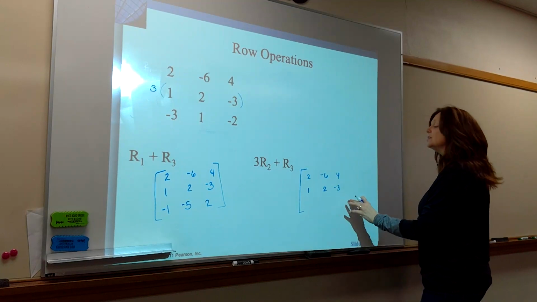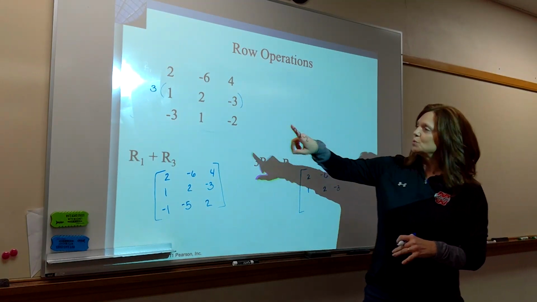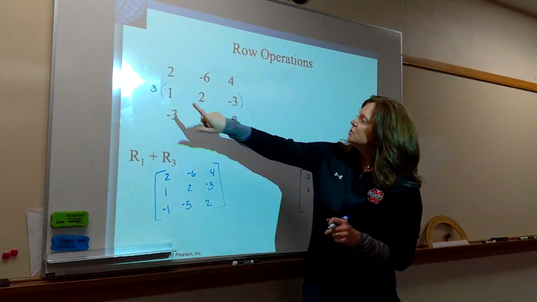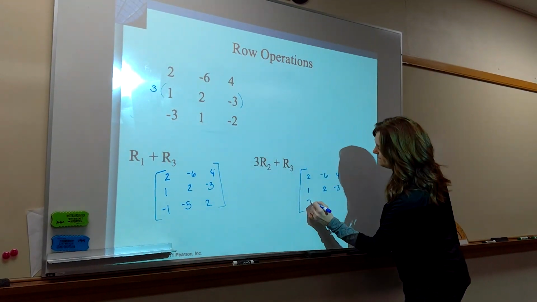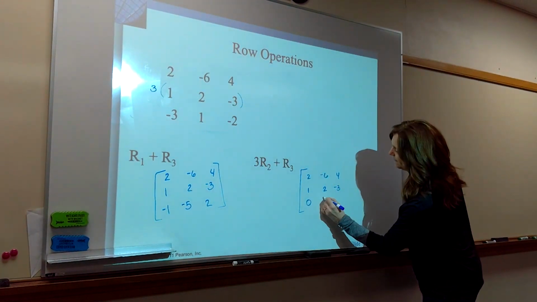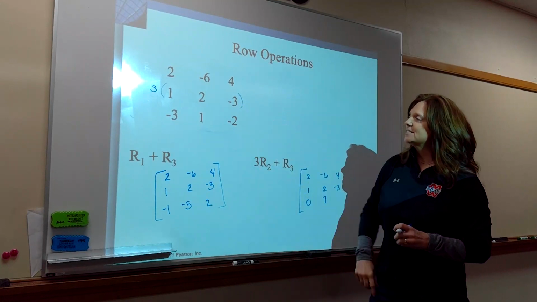It's row 3 that's going to change because that's where we're adding it to. What we're adding is 3 times this row and add it to that. So let's just do that. So 3 times 1 is 3. Add it here, you get 0. 3 times this is 6. Add it here, you get 7. And 3 times -3 is -9. Add it to that, you get -11.